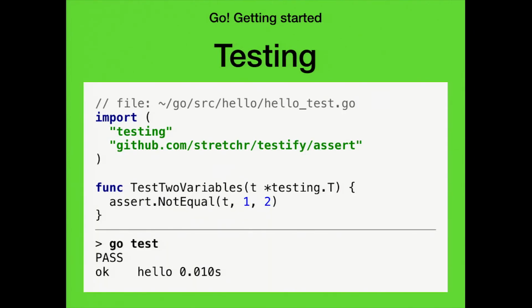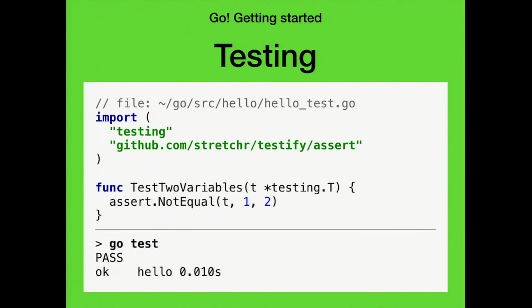On this slide, I just quickly want to show you how testing can be very similar to what you used if you're using PHPUnit. Using the same hello program again, any file that you suffix with _test.go is not compiled into the binary, but is interpreted as a testing file. If you run go test, as you see here, it will run the tests and it will pass or fail.